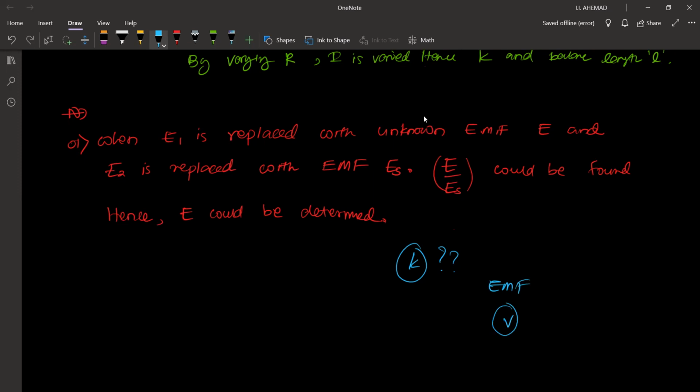For EMF, we can go with this method, but if I want to find the potential difference across something, then we will have to know what K is. Okay.